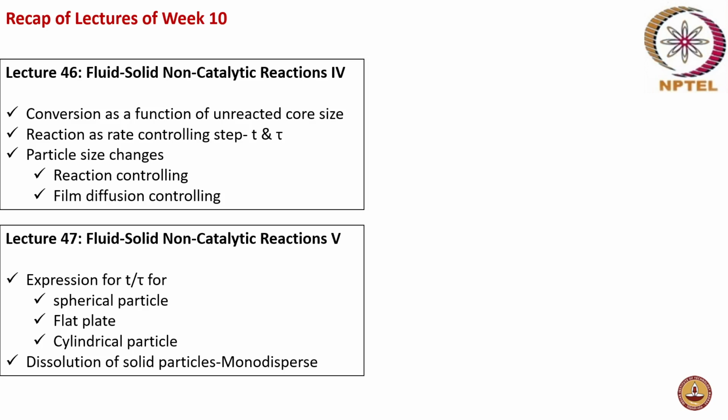Then a problem was initiated on dissolution of solid particles. It was on pharmacokinetics, basically dissolution of a drug, where particles are monodispersed, that is, all particles have the same size.